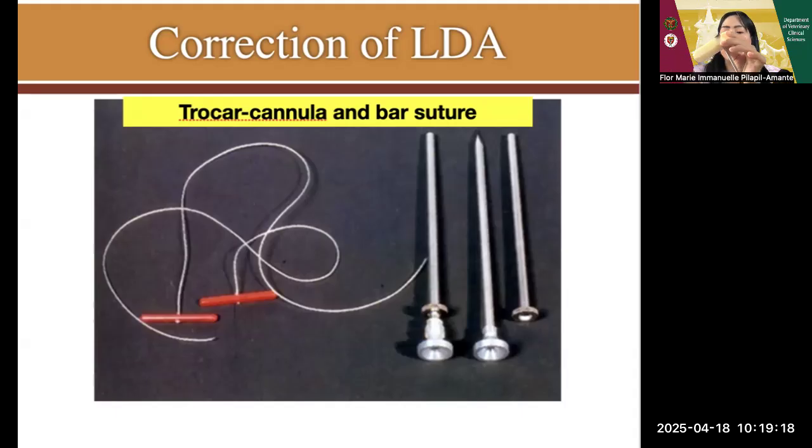To demonstrate how to use it, you will be inserting this bar suture inside the cannula, and it will be pushed by the trocar, okay, until the bar suture will be out the cannula. And you will remove your trocar, okay, and also your cannula so that the bar suture will be left inside the ventral midline of the cattle.